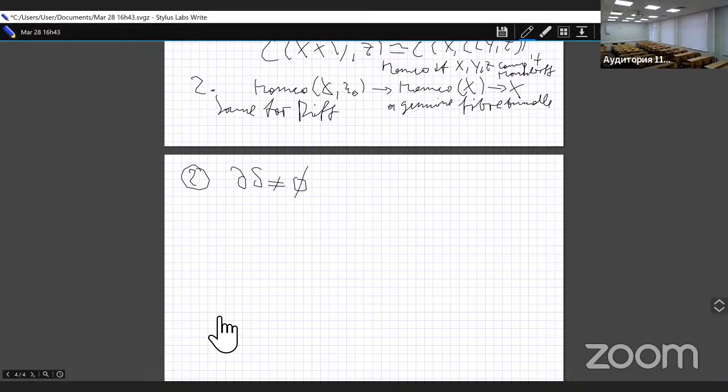Consider a smooth path, alpha, with endpoints Q and so on.